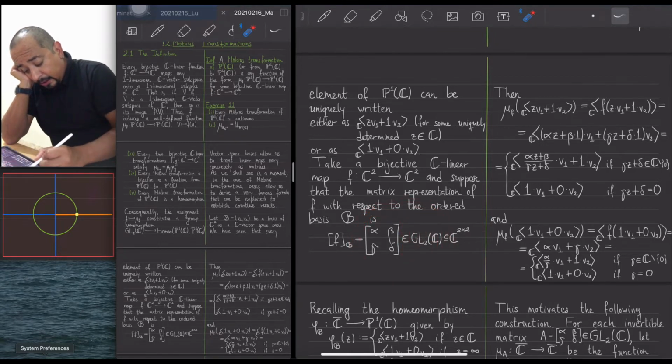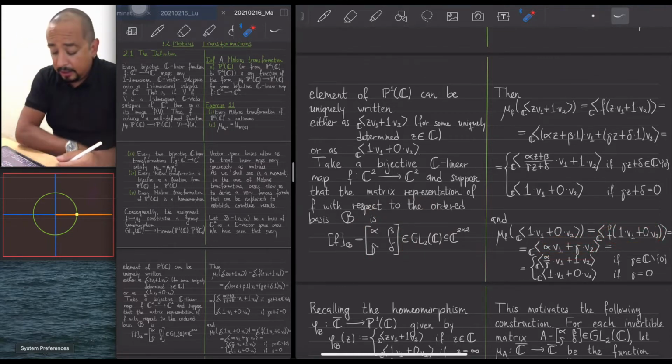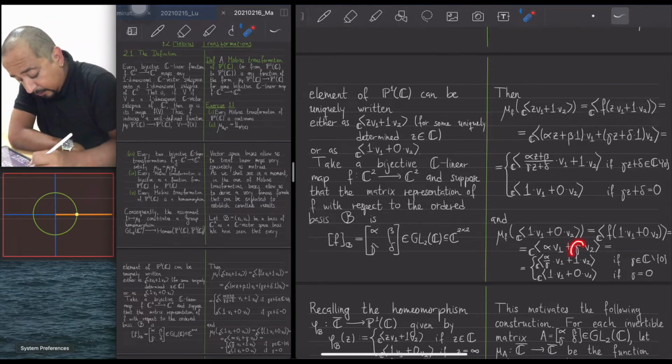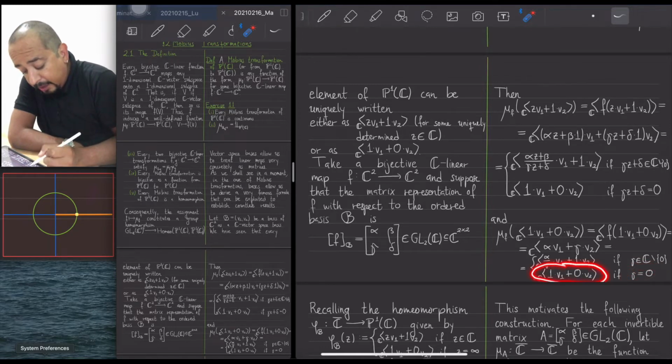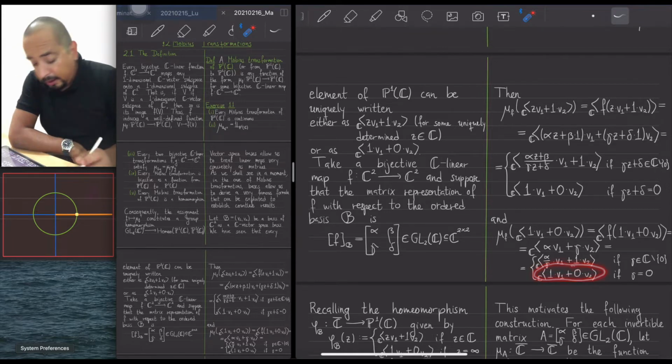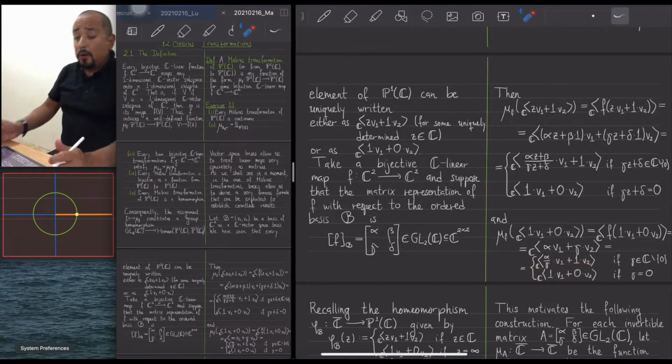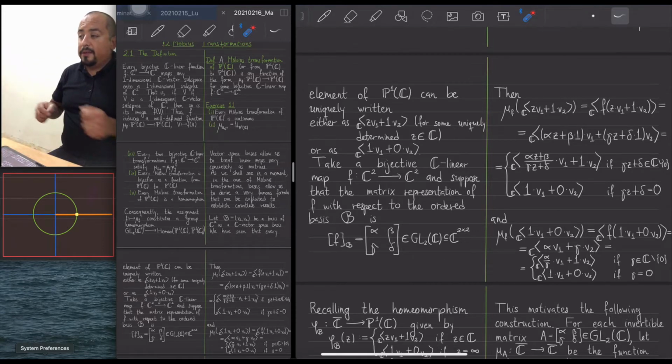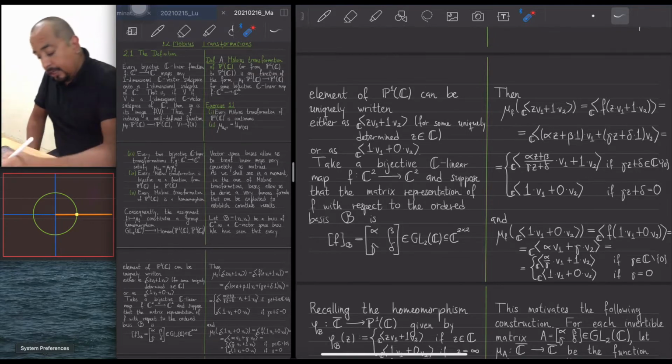We see that the image of this vector is alpha v1 plus gamma v2, and then we make the same consideration. If the scalar that accompanies v2 is not 0, we divide by it and we arrive at this. And if it is 0, then alpha cannot be 0, and then we can divide by it without changing the subspace, and we arrive here. Okay, so we have our explicit description of the behavior of mu f at any point of P1C.